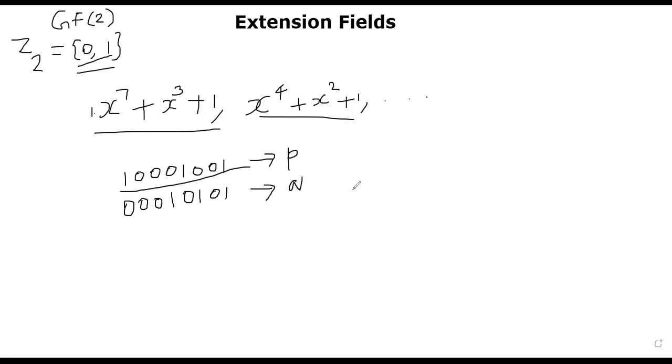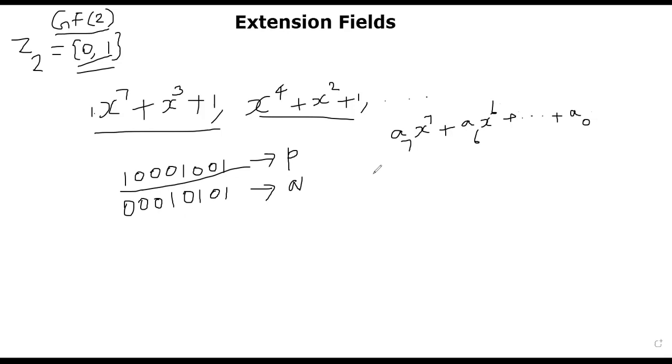So more generally, suppose you know a polynomial has a degree like this. For example, I'm going to represent this as a polynomial in power 7, right? a7 x power 7, a6 x power 6, and so on, down to a0. Okay, so these coefficients a0 through a7 can either be 0 or 1. That's the Galois field elements.